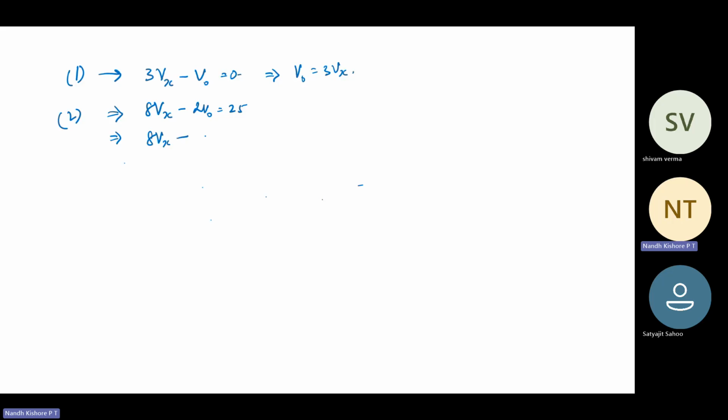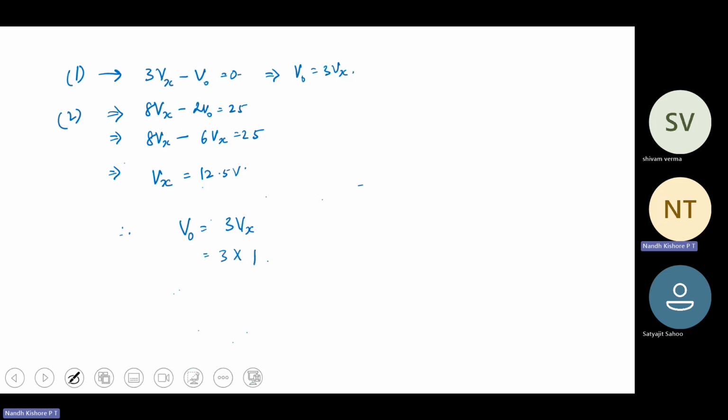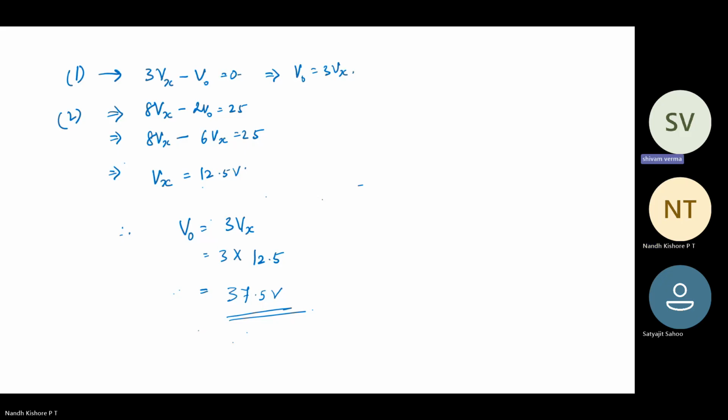So 8Vx minus 6Vx equal to 25. Therefore, your Vx is equal to 12.5 volts, right? So V naught is 3Vx, which is 3 into 12.5, and this gives you basically 37.5. Is this fine? Yes, sir.